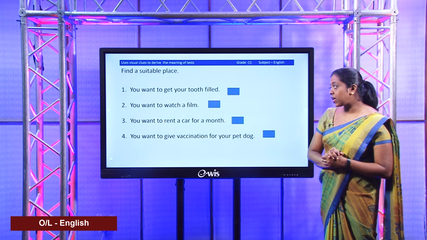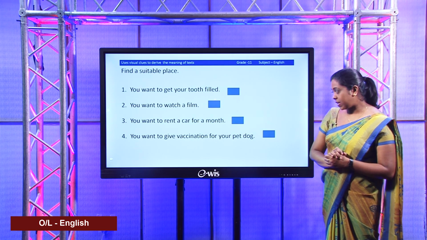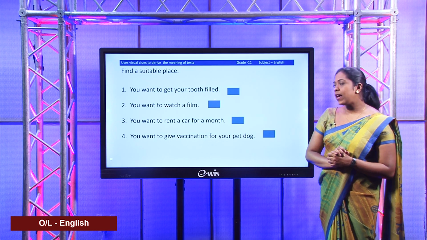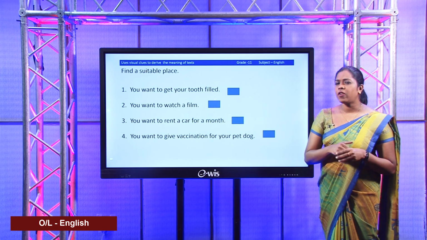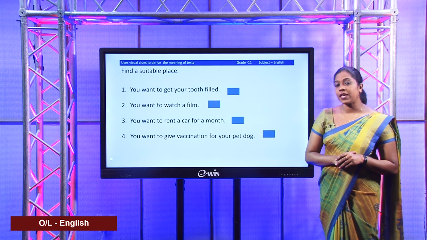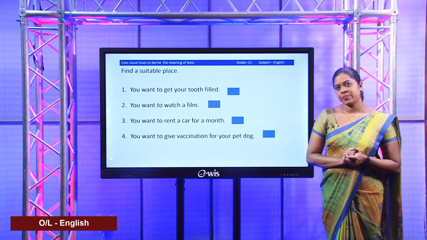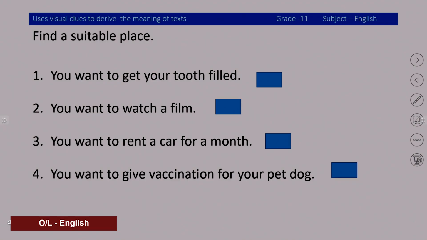You want to rent a car for a month. You want to give vaccination for your pet dog. When you have the visual clues, even though you don't understand the meaning of certain words, you can definitely guess your answer by looking at the picture. Right. For this, I can actually show you the images.